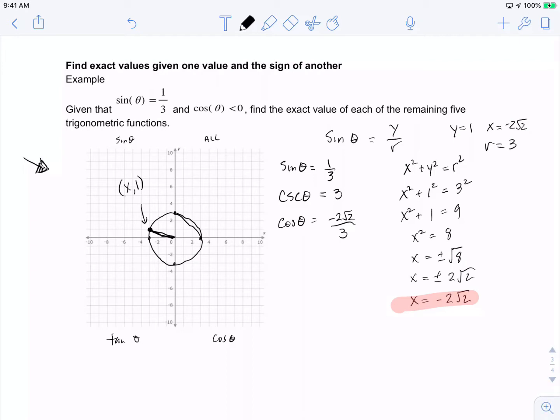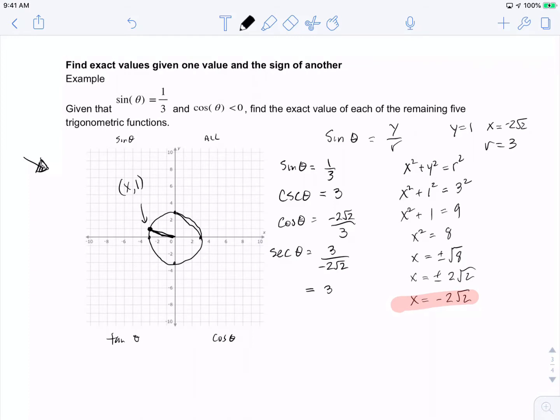The reciprocal of cosine is secant, and secant theta would simply be 3 over negative 2 radical 2, but we always want to clean that up, so we multiply by radical 2 top and bottom. So we get negative 3 radical 2 over 4. I'll put the answers and highlight them so you guys have them.